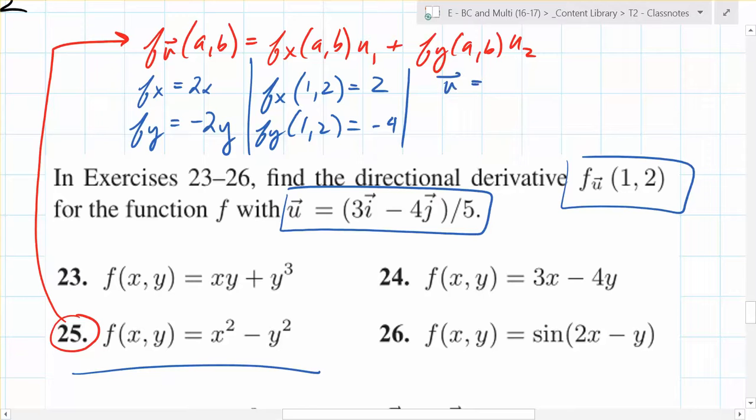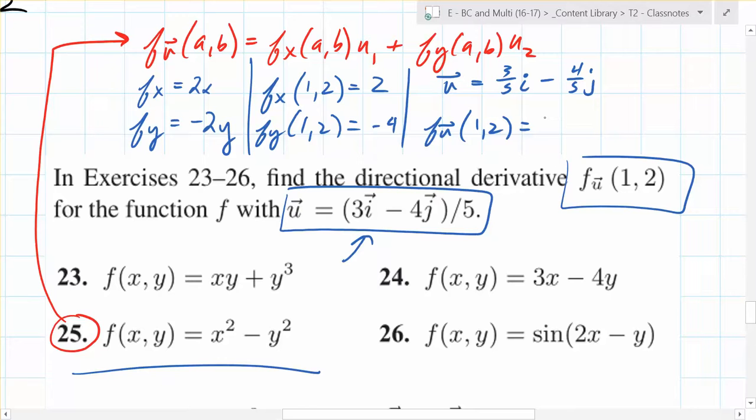So what is the u vector? What's a better way I should write it than how they've written it right here? Yeah, 3 over 5 i minus 4 over 5 j. So what is f_u going to be at the point 1, 2? All the numbers are there.